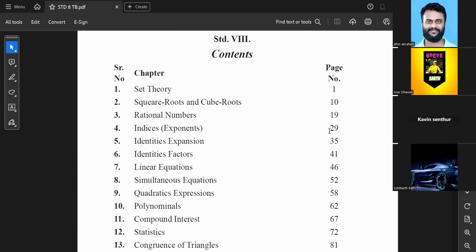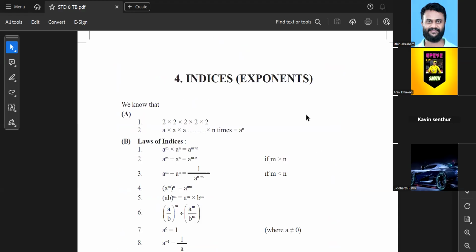So today we'll be dealing with indices or exponents. So exponents, there goes page number 29. Let me just see and type page number 29 if it can give me the correct chapter. Yep, I got it. Here it is. So indices or exponents.